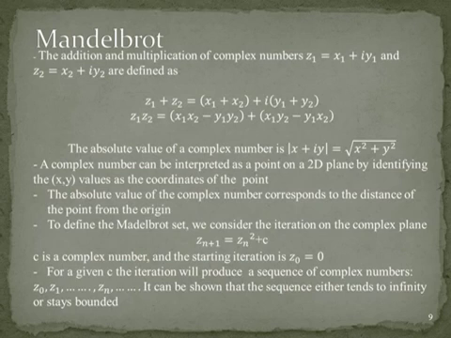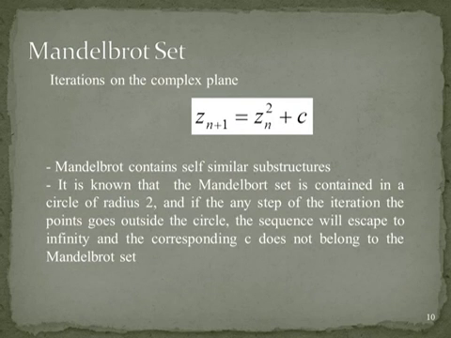It can be shown that the sequence either tends to infinity or stays bounded. So the Mandelbrot set is defined to be the set of points c such that the iteration is bounded.